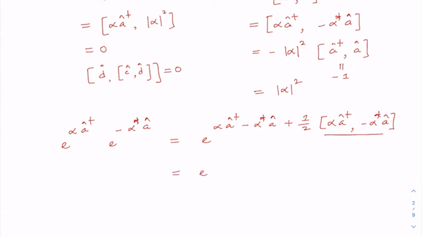So I can write it as e to the power alpha A dagger minus alpha star A plus half of mod alpha square.